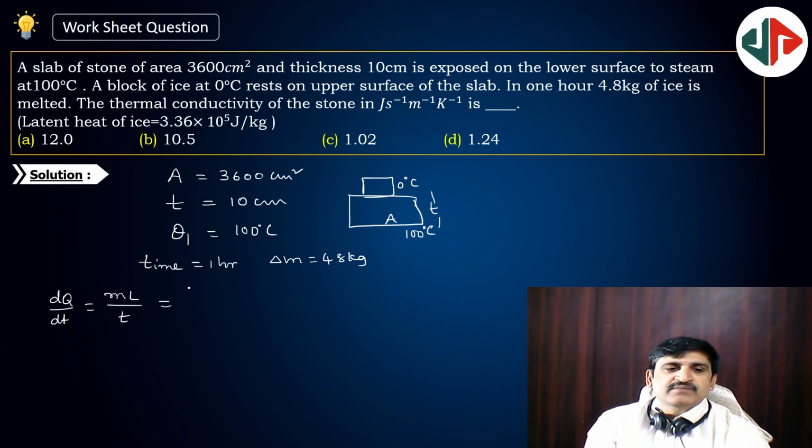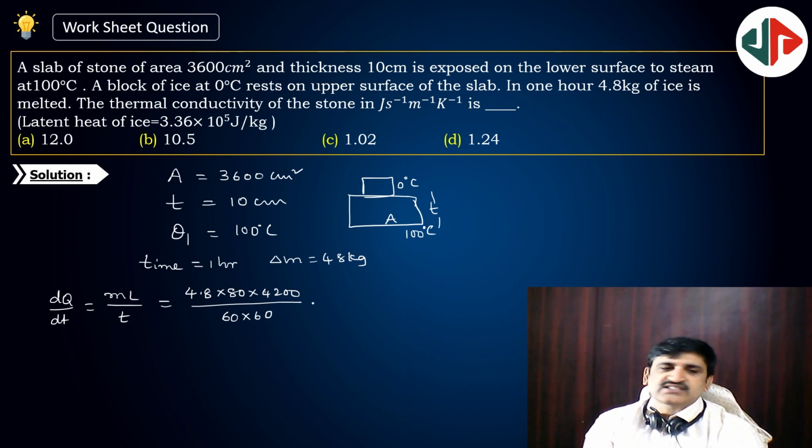M is 4.8 into L value 80 calorie, 80 into 4200, divided by time t, 1 hour, that is 60 into 60. This is the heat transferred, 60 minutes into 60 seconds.